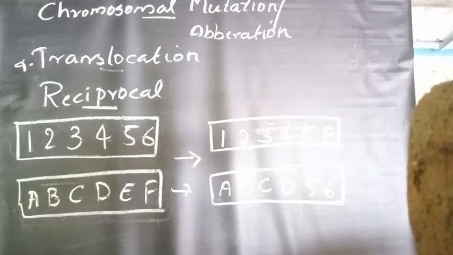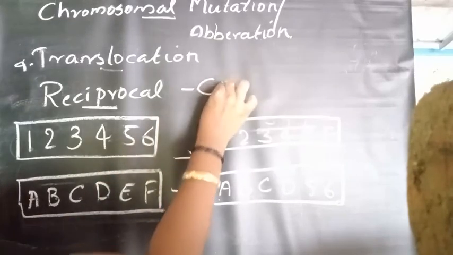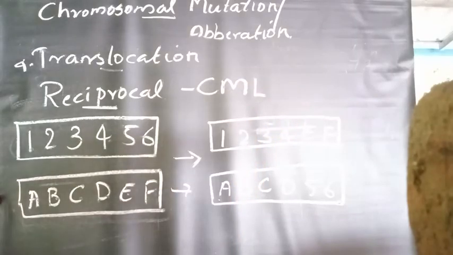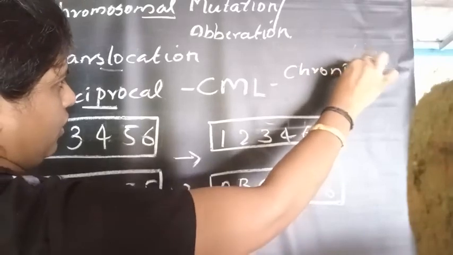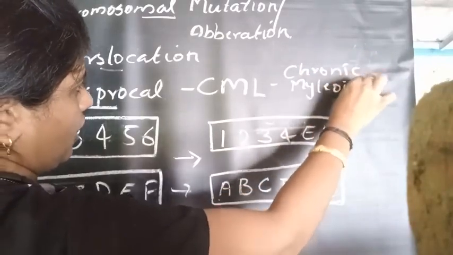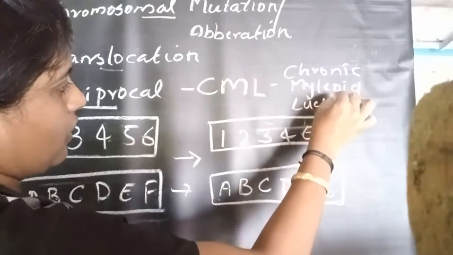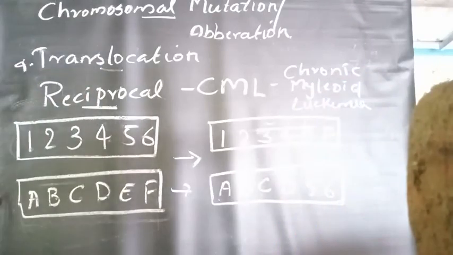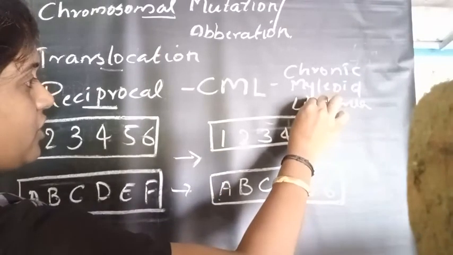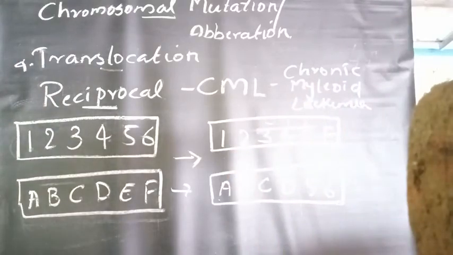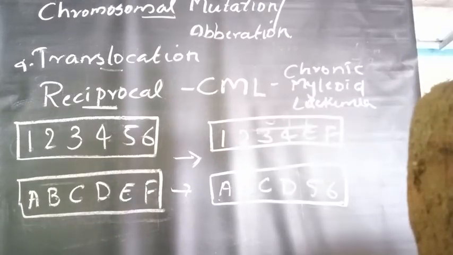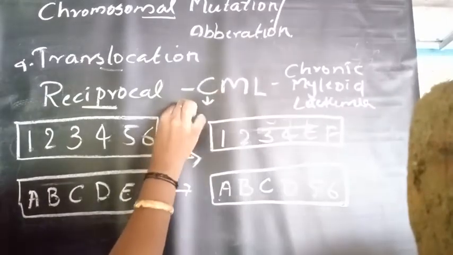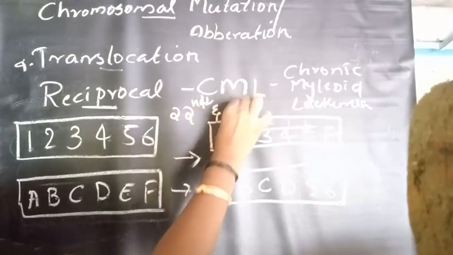As a result of this reciprocal translocation, chronic myeloid leukemia, that is CML, happens. The disease is due to the reciprocal translocation between the 22nd and 9th chromosome.